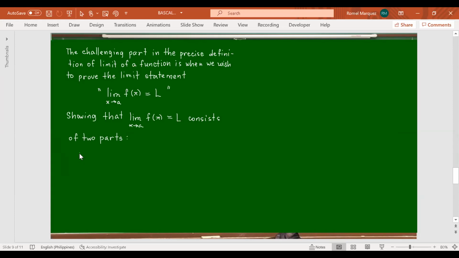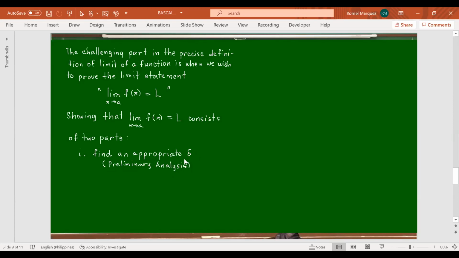These are the two parts that you need to do when you are proving this limit statement. First, you have to find an appropriate delta. We call this preliminary analysis. It's like you are doing it backward, no?